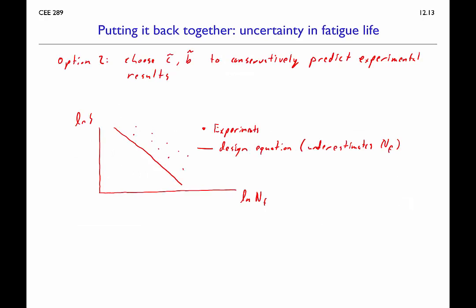Okay, so this approach actually wouldn't really rely on all that math that we just did in the previous few slides. We could just throw up some experiments and put this design equation on here, but so in some sense that shortcuts the mathematical complexities.